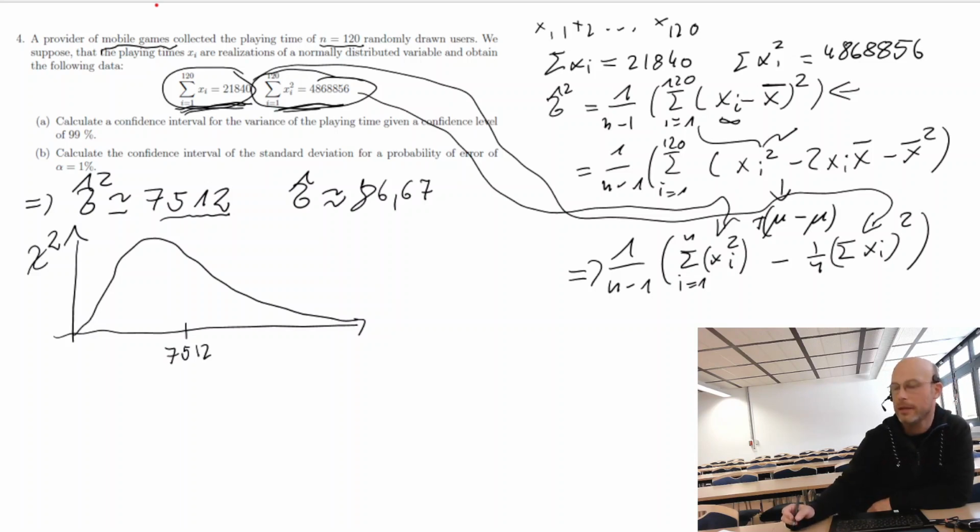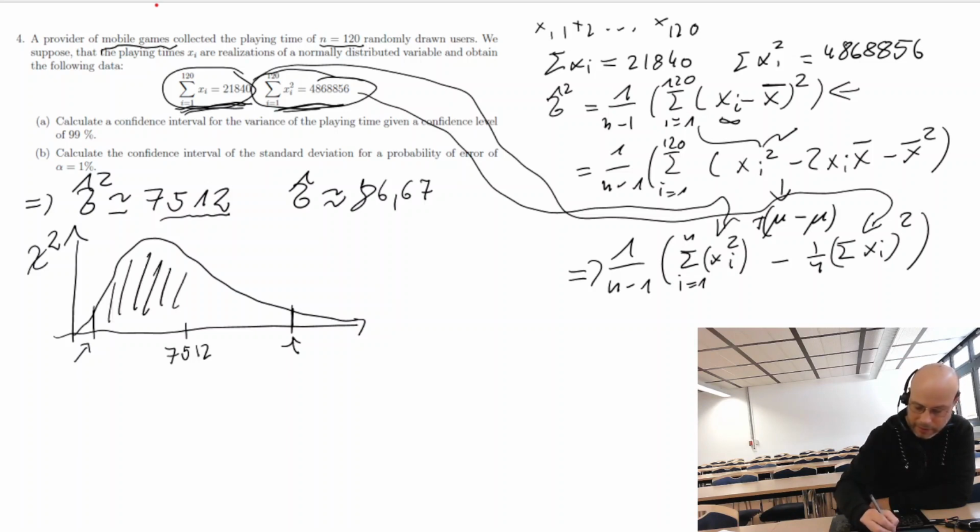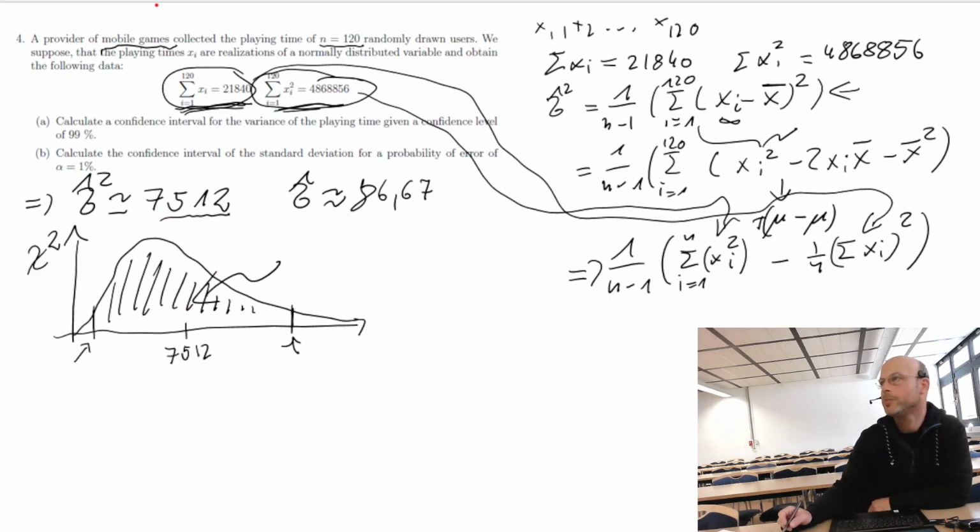Then this number is not in the middle, but we want to calculate these two limits here, lower limit and upper limit, and again this area here should be 99%.